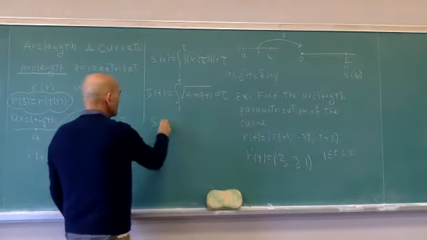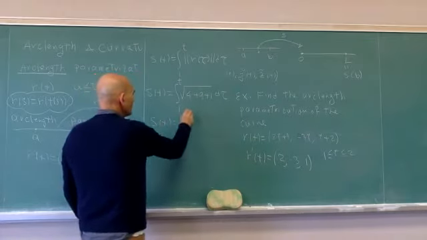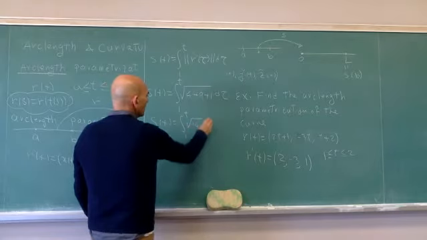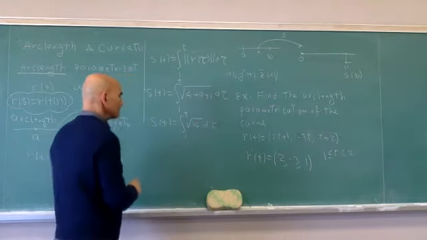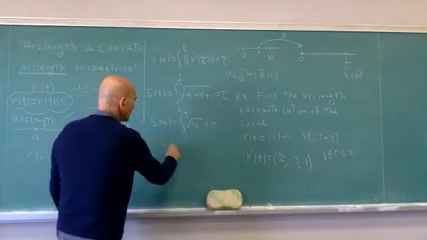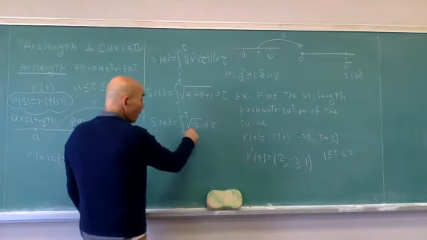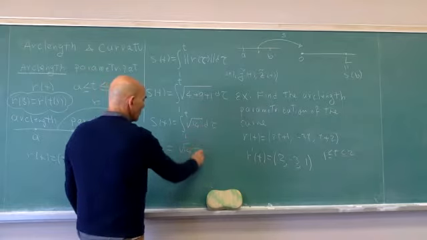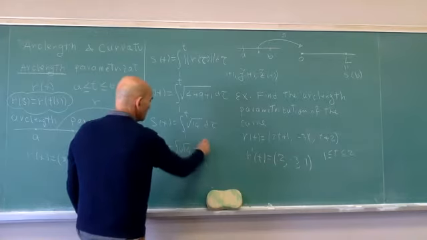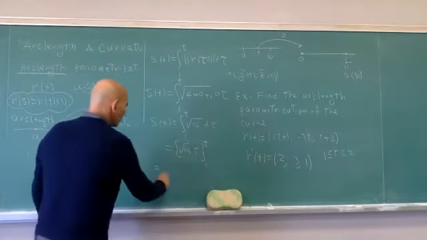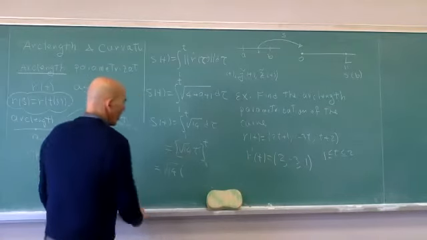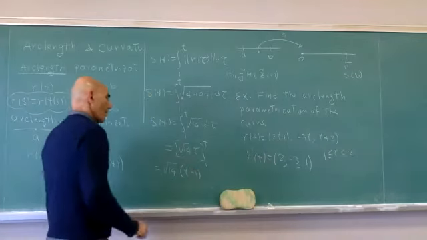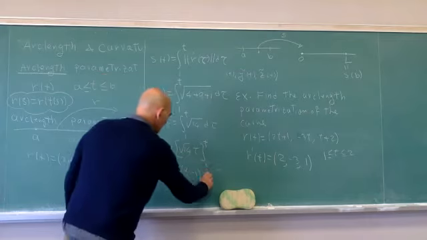So s of t is equal to the integral from 1 to t of root 14 d tau. The antiderivative of root 14 d tau is root 14 tau, but we have to integrate it between 1 and t. So that's equal to root 14 times t minus 1. So this is s of t.